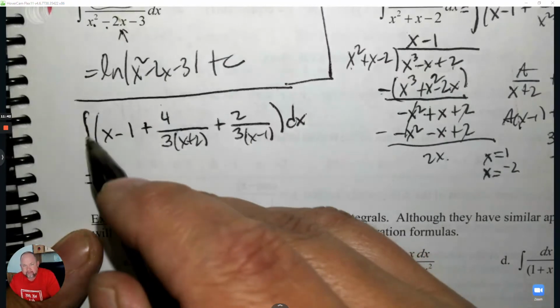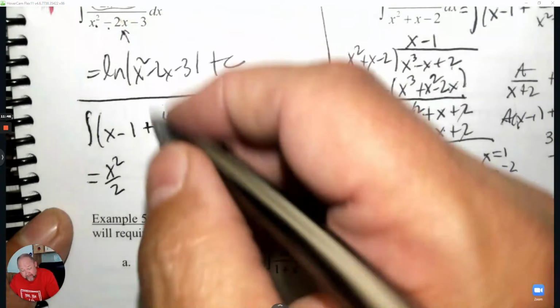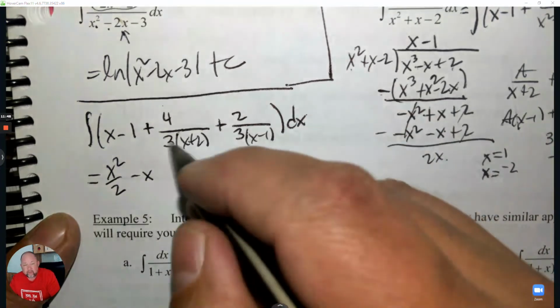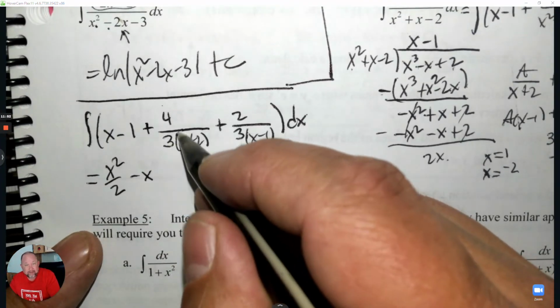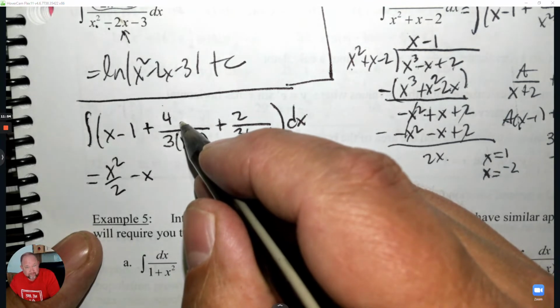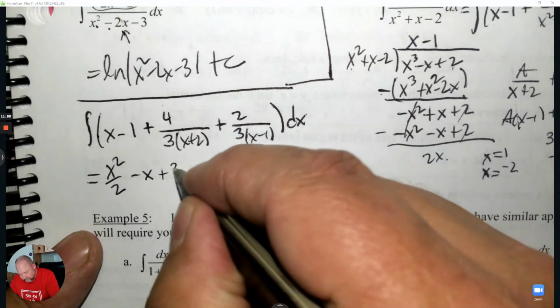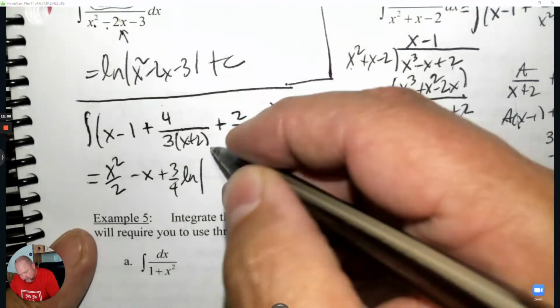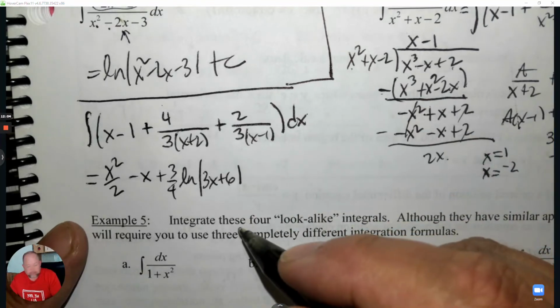All right. And now we can integrate this. So the integration of x is x squared divided by 2. The integration of negative 1 is negative x. These are logarithms. So the derivative of the denominator is 3, but it was a 4. So it needs a 3/4.